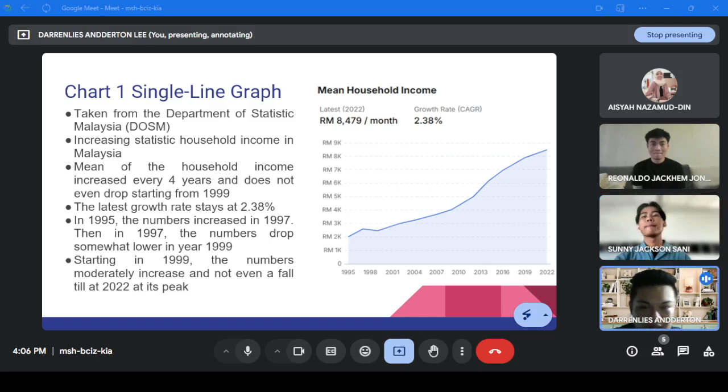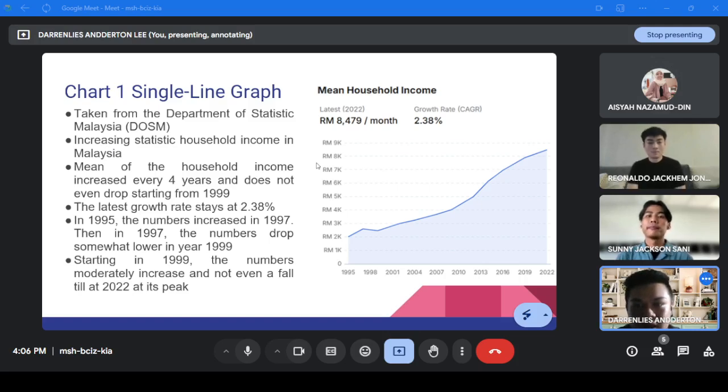Thank you, Sunny. The first graph, a single line graph, describes the mean household income in Malaysia. This graph is taken from the Department of Statistics Malaysia, DOSM. It describes the increasing household income statistics in Malaysia from 1995 to 2022.